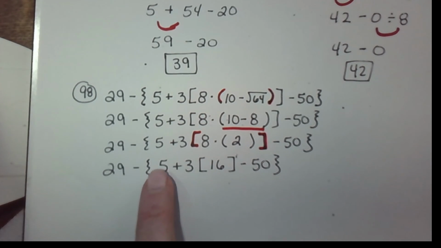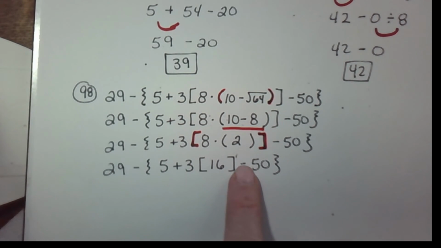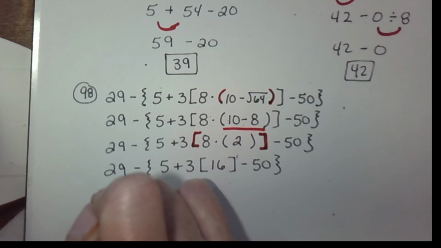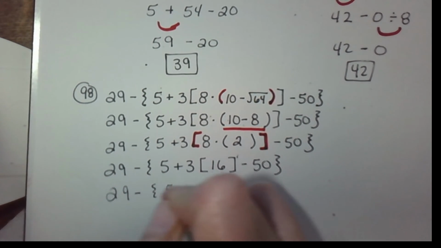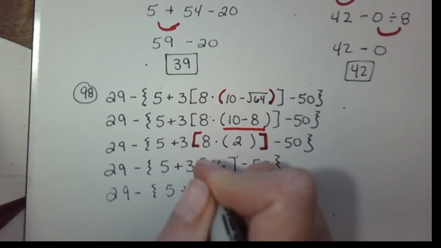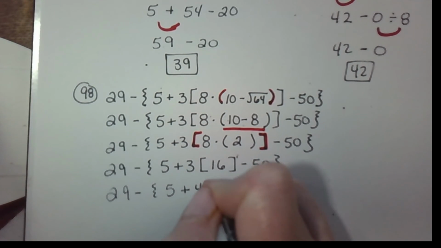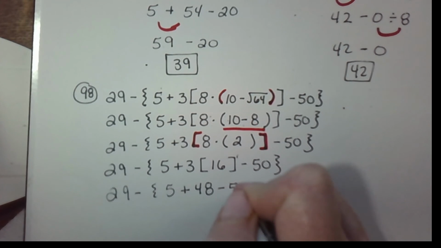Okay, so in here I have a 5 plus, okay, so that's a plus, this is multiplication, this is subtraction. So multiplication comes first. 29 minus 5 plus 3 times 16 is 48. Minus 50.